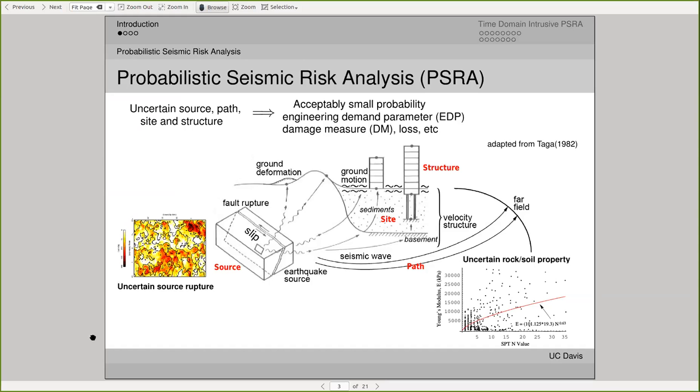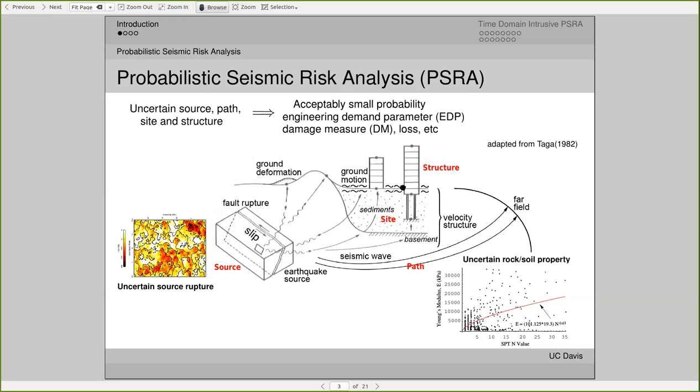So this is our problem. We have an uncertain seismic source propagating through uncertain paths onto an uncertain site and structure system. We want to design and analyze our engineering system to have an acceptably small probability of exceeding an engineering demand parameter, damage measure, or loss. For example, a typical engineering demand parameter for building structures can be the interstory drift of your building system.